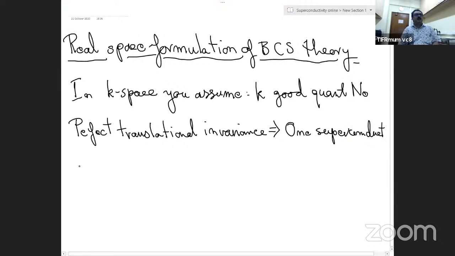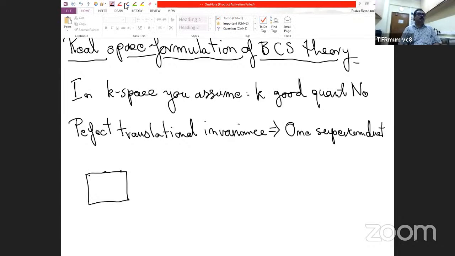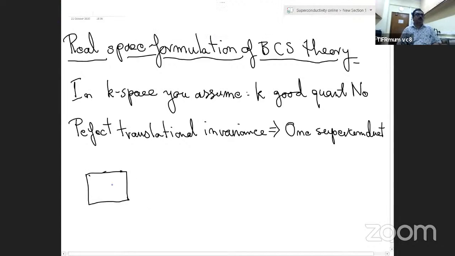But suppose in real life, you have a superconductor and I take a normal metal or something, and I make a contact. So now I want to know what happens in this contact region.